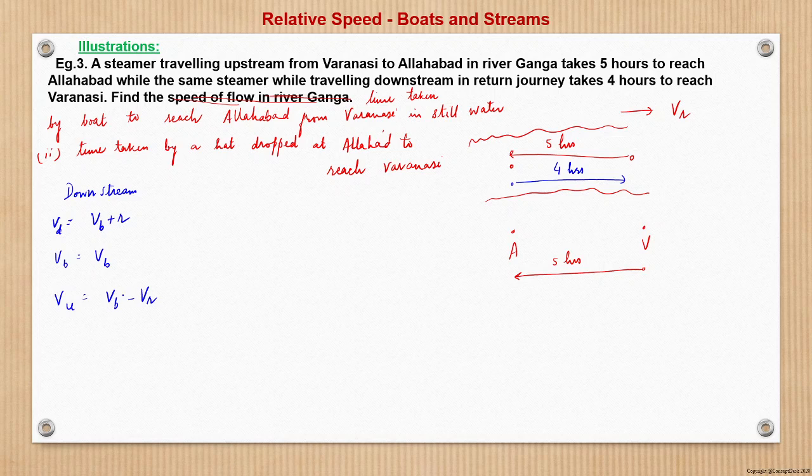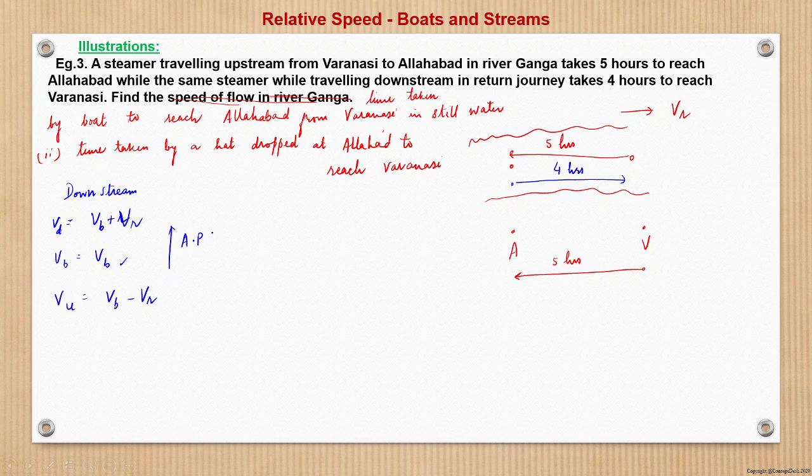So now can we see this is an AP series, arithmetic progression with a common difference of Vr. So in VU we add Vr, we will get the velocity of boat in still water, and in Vb if we add Vr, we will get Vb plus Vr, which is velocity of downstream. So this is an AP series.